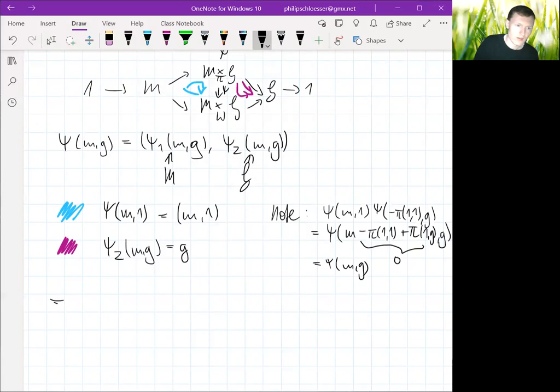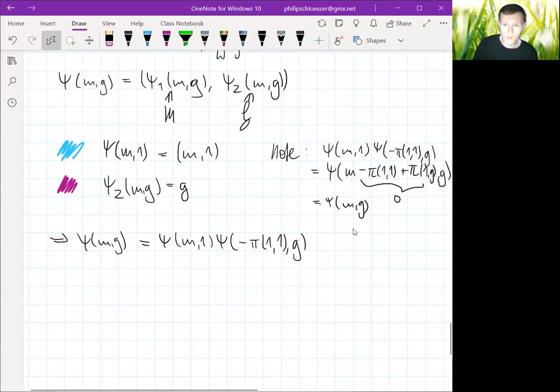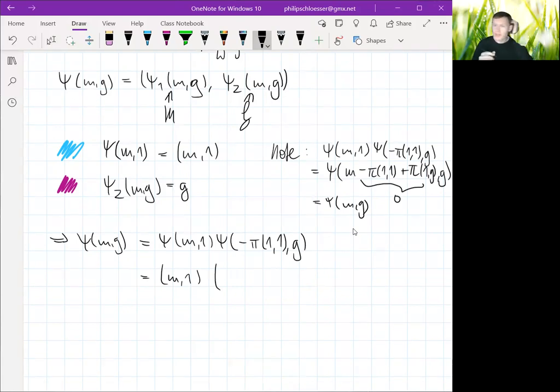So this means that psi mg can be written as psi m1 times psi of minus pi 1 1 and g. But we know what psi of m1 looks like, namely just m1, and then we multiply it by psi, which we can split up into psi1 and psi2. So we have psi1 of minus pi 1 1 and g, and then we have g because of the second identity.